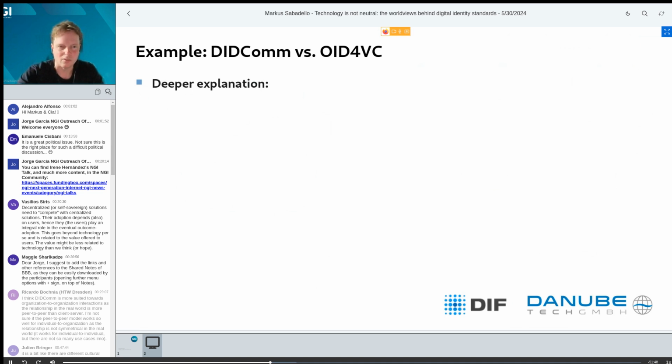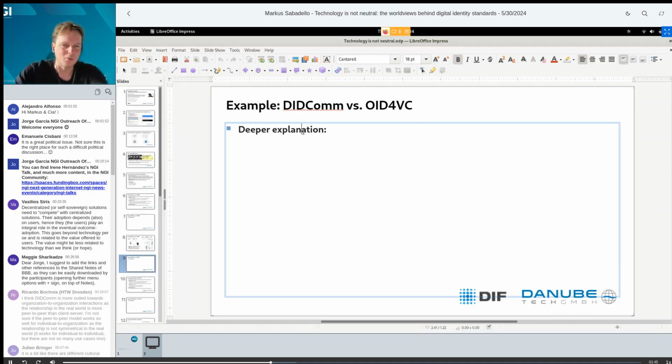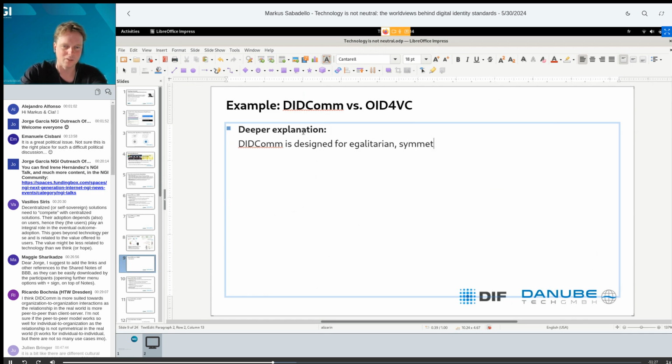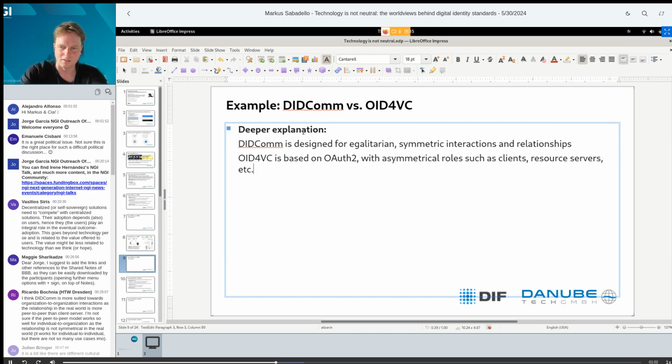I left one slide then to sort of do a summary on the fly. So I would argue that, to summarize, DIDComm is designed for maybe egalitarian, symmetric interactions and relationships, whereas OID for VC is based on OAuth 2 with asymmetrical roles such as clients, resource servers, and so on.